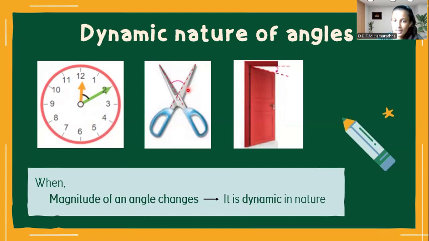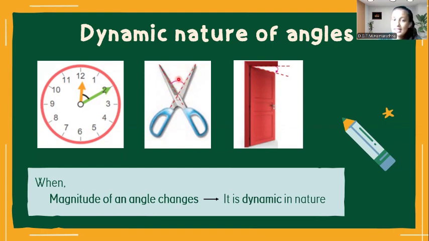Another example: you may see there is an angle between the two blades of the scissor. When we use the scissor, this angle becomes large, and when the two blades are getting closer, the angle becomes smaller.